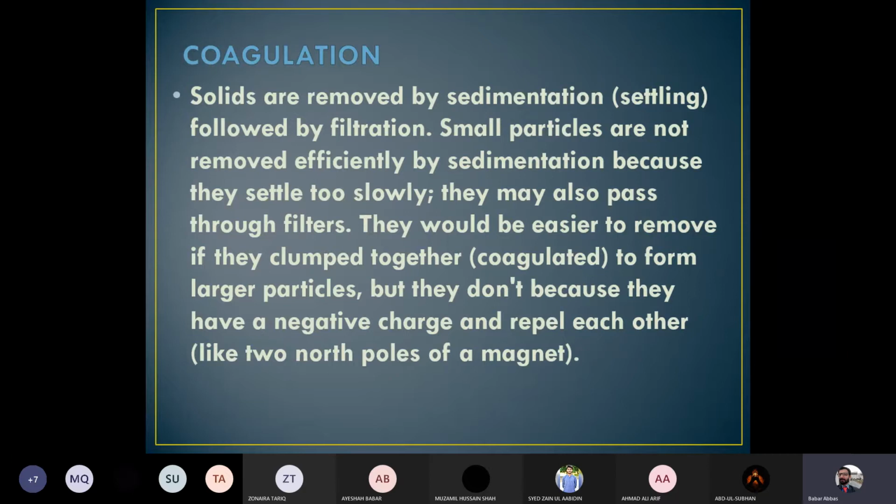Coagulation process, step by step: solids are removed by sedimentation or settling, followed by filtration. Small particles are not removed efficiently by sedimentation because they settle too slowly. They may also pass through filters. They would be easier to remove if they clump together, coagulated to form larger particles, but they don't because they have a negative charge and repel each other like two north poles of a magnet.